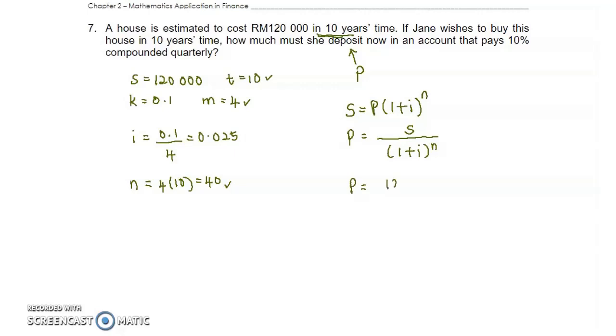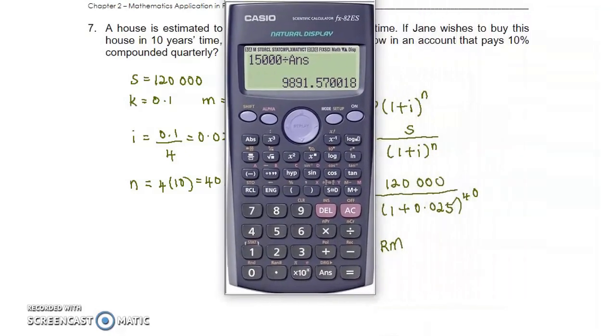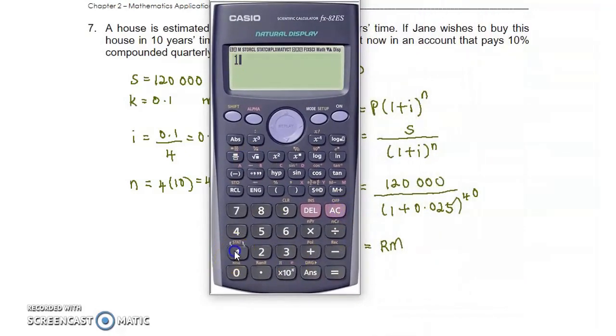So S is 120,000 divided by (1 + 0.025) to the power of 40. So value P must be less than value S. I calculate the denominator first: 1.025 to the power of 40, equals.